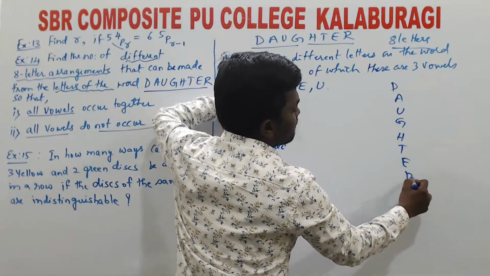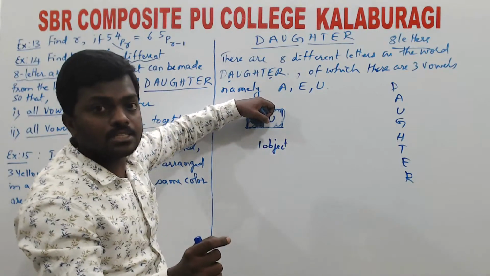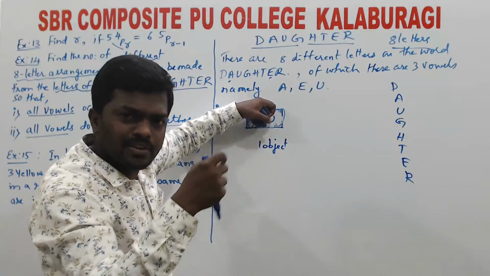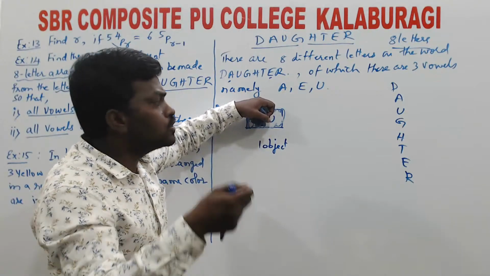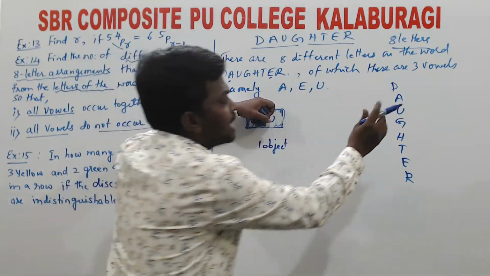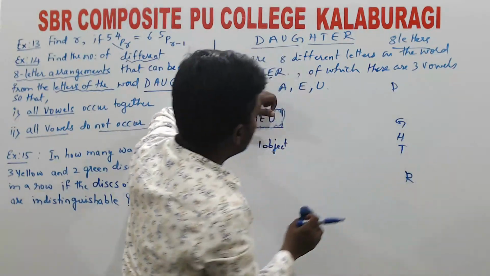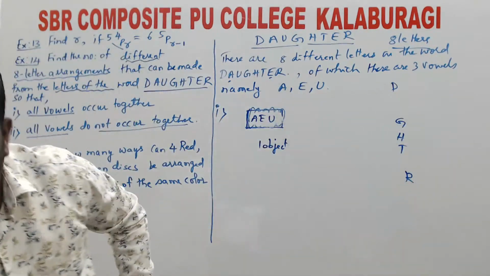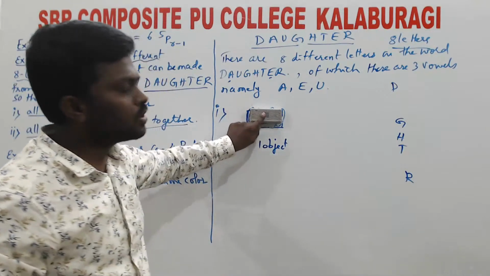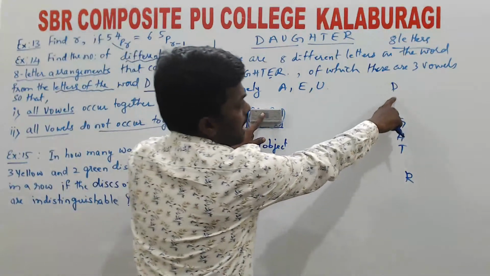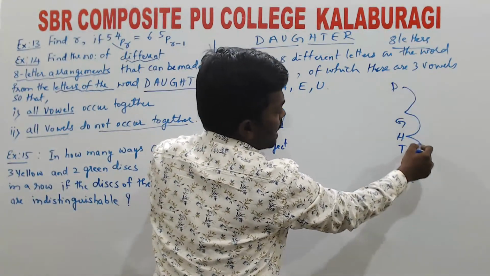From the word daughter, since the condition is all the vowels should always be together, what I have done is take A from here, U from here, E from here, and put them in a single box. Is that clear? Now, how many letters are remaining?